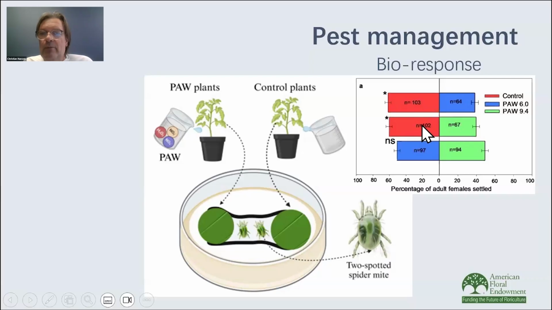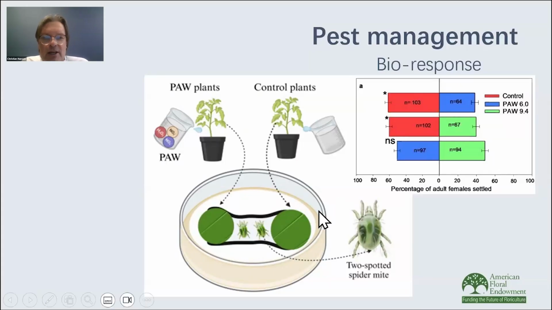You can also see, in a separate set of bioassays that we run a lot of times, when we give them a choice between PAW that has been run for 9.4 minutes, we see the same effect: they basically don't like the PAW treated plants. But if we give them the choice between the two PAWs, there's no significant difference between the two.